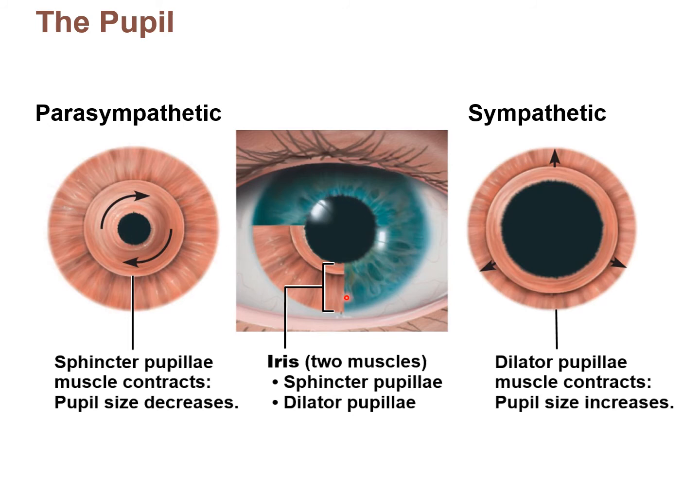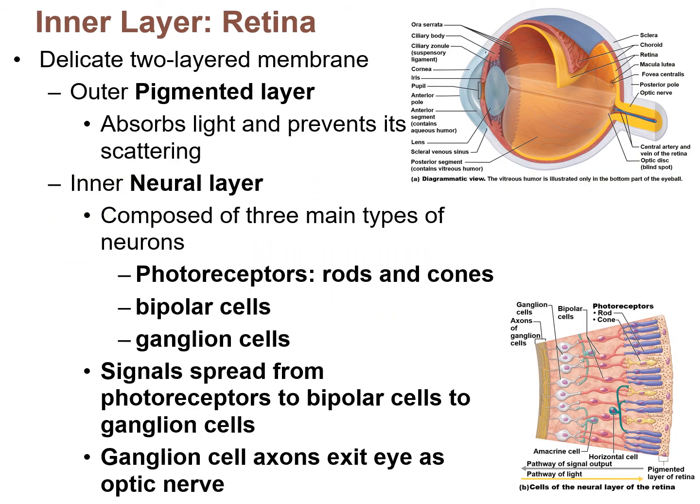Here we see the iris is actually pigmented. There's the muscle, but with a pigment on top of it. And then here we see other muscles of the iris contracting in order to make the pupil, or hole, larger to allow more light in. One process is parasympathetic, the other sympathetic. We're not there yet. That's next chapter. So for now, just know what the iris is.